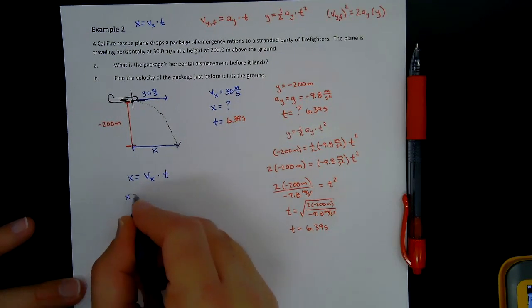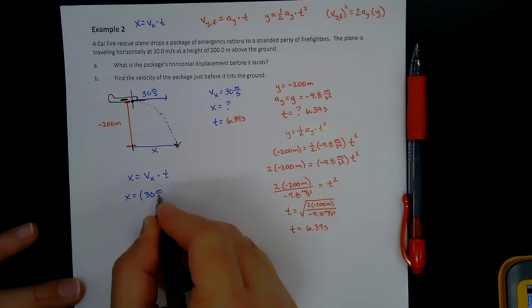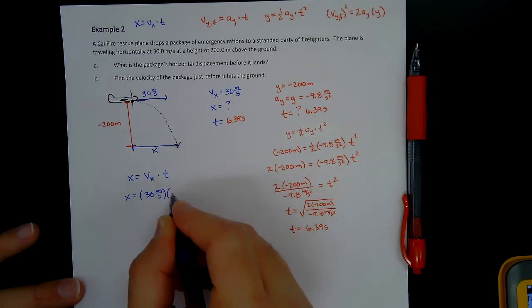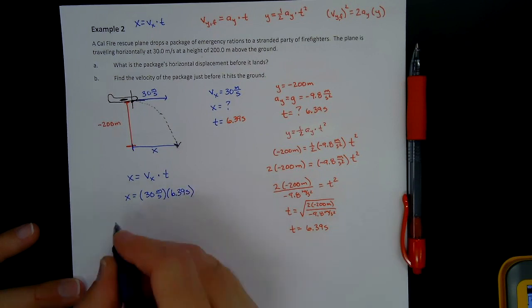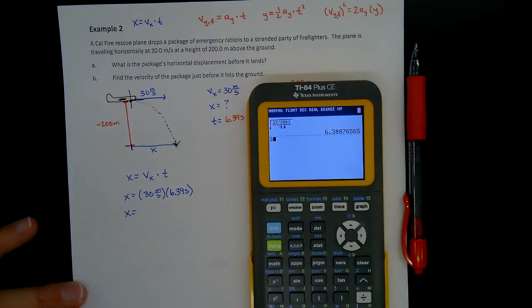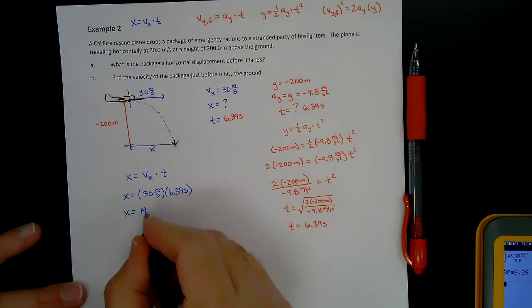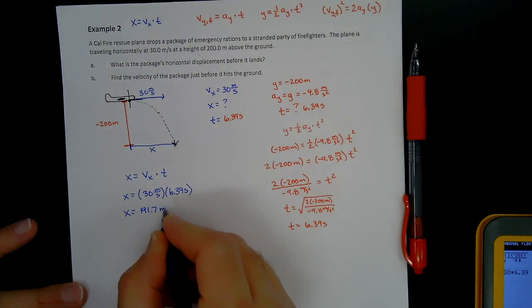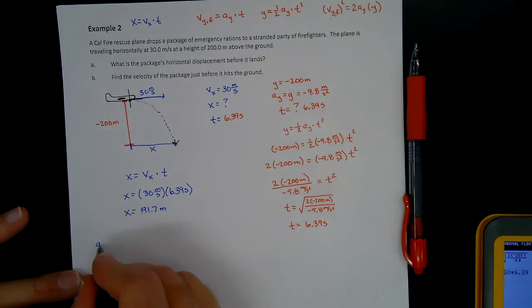So that means x is equal to 30 meters per second times 6.39 seconds. And you get 191.7 meters. Okay, so the package's horizontal displacement, this is the answer for A.